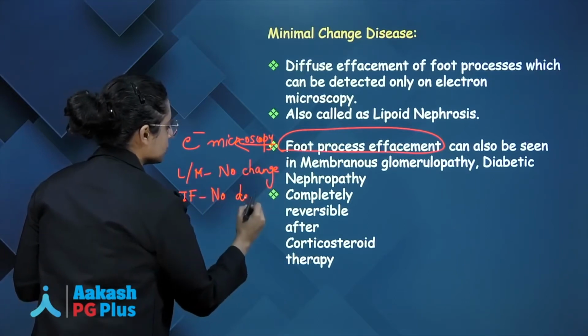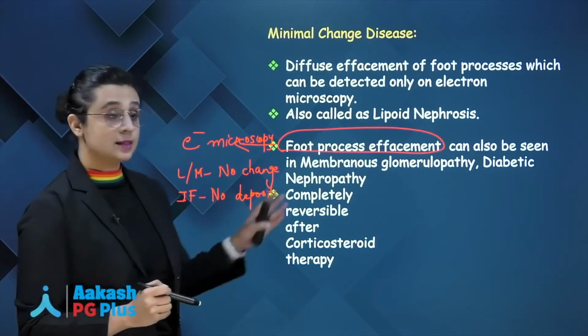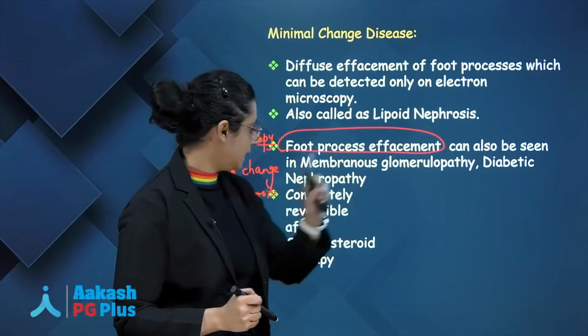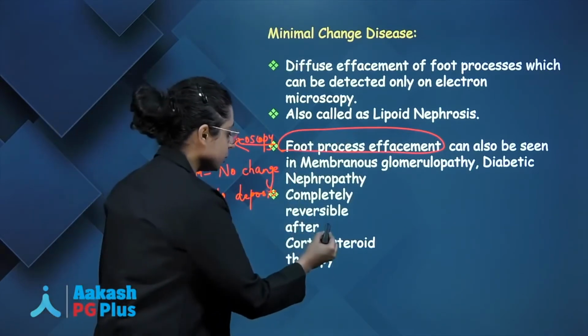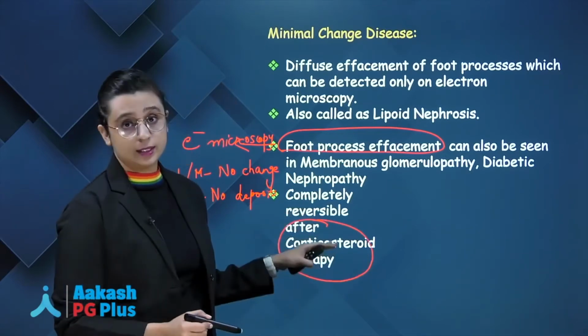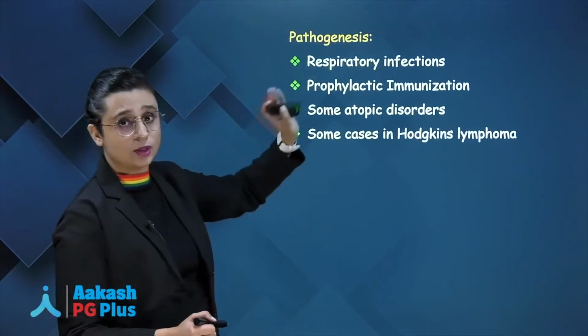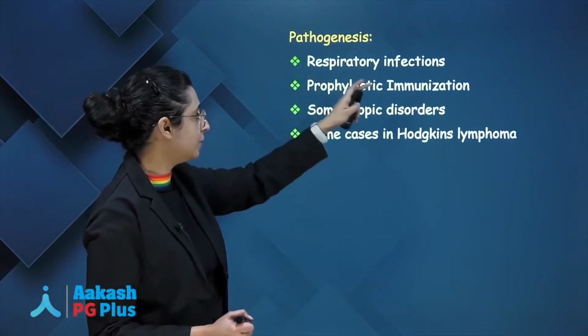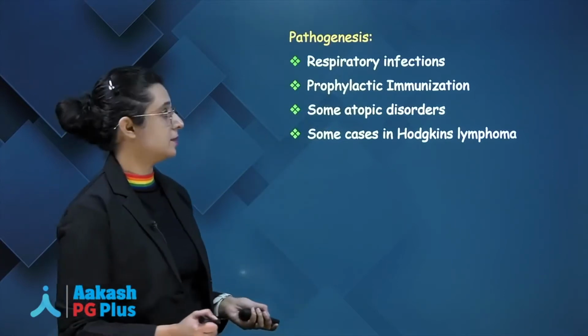So electron microscopy is the only way to diagnose minimal change disease, and there is seen foot process effacement. Okay, number one. Second thing, yes, we have already discussed that it has a very good prognosis with treatment. Okay, excellent response to steroid therapy. Okay, next. So pathogenesis we have already discussed in our videos: respiratory infections, prophylactic immunization, and some atopic disorders.